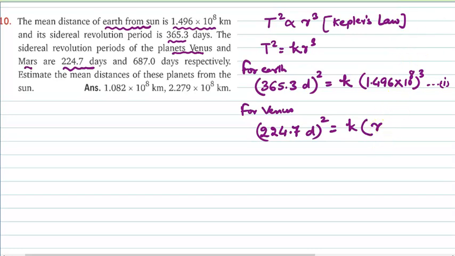Distance between what? Sun and the Venus. So I'm writing SV, distance between Sun and the Venus whole cube, and this is equation number 2.